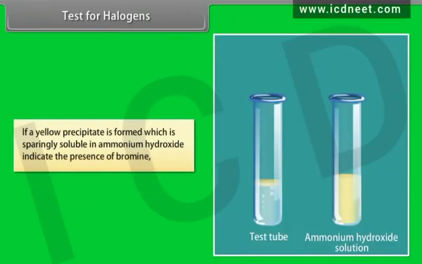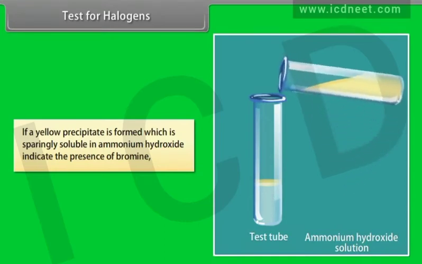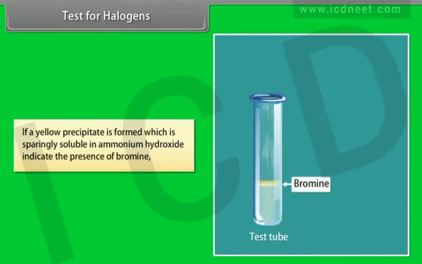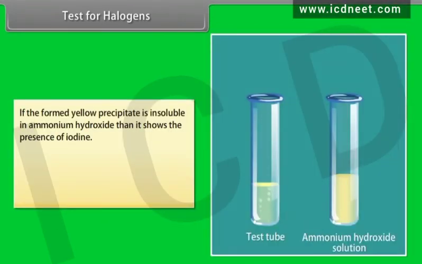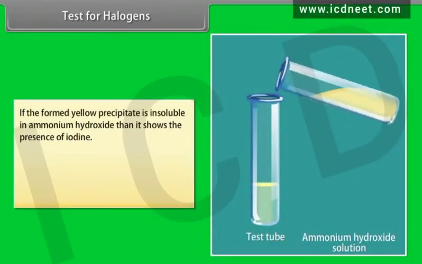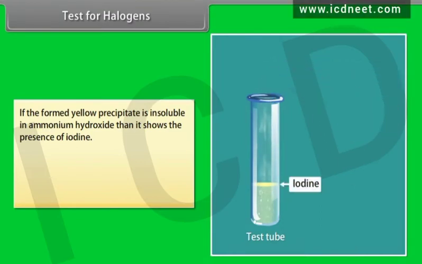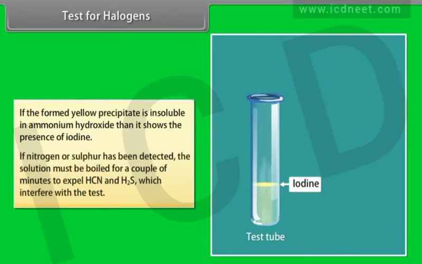If a yellow precipitate is formed which is sparingly soluble in ammonium hydroxide, it indicates the presence of bromine. If the formed yellow precipitate is insoluble in ammonium hydroxide, it shows the presence of iodine. If nitrogen or sulfur has been detected, the solution must be boiled for a couple of minutes to expel HCN and H2S, which interfere with the test.